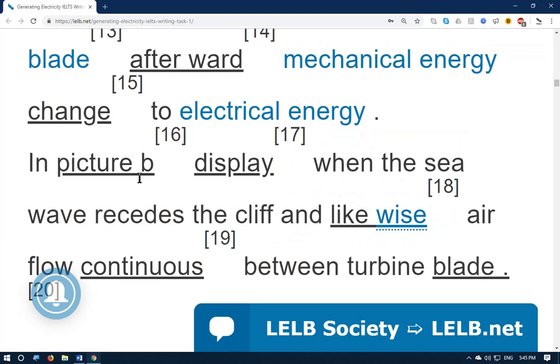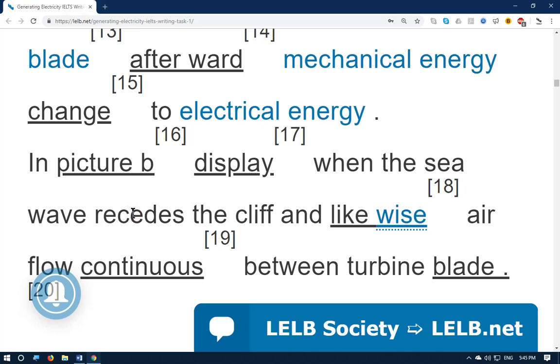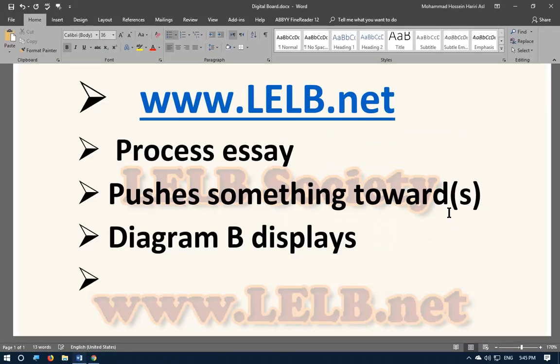When the sea wave recedes, recede is a good word here. Recede actually makes a good collocation here. The cliff, and likewise, there should not be any space between like and wise. It must be likewise, means similarly.